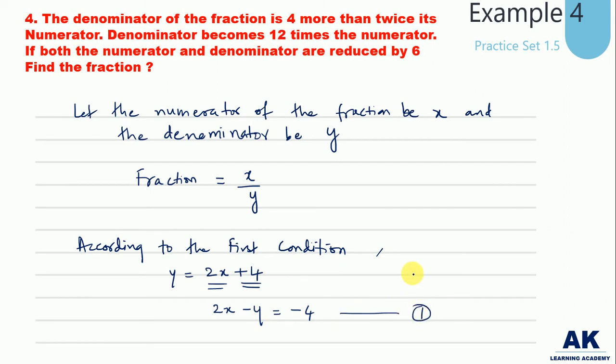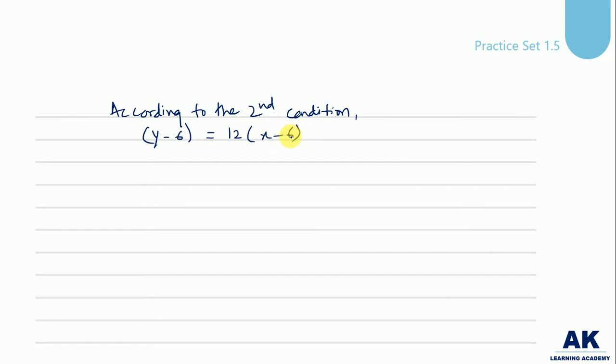Now according to the second condition, y minus 6 is equal to 12 times x minus 6, right? So the denominator becomes 12 times the numerator if both the numerator and denominator are reduced by 6.